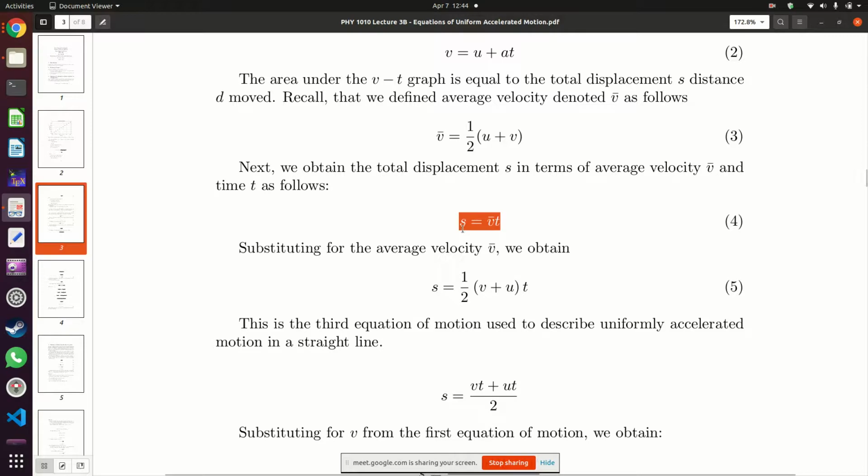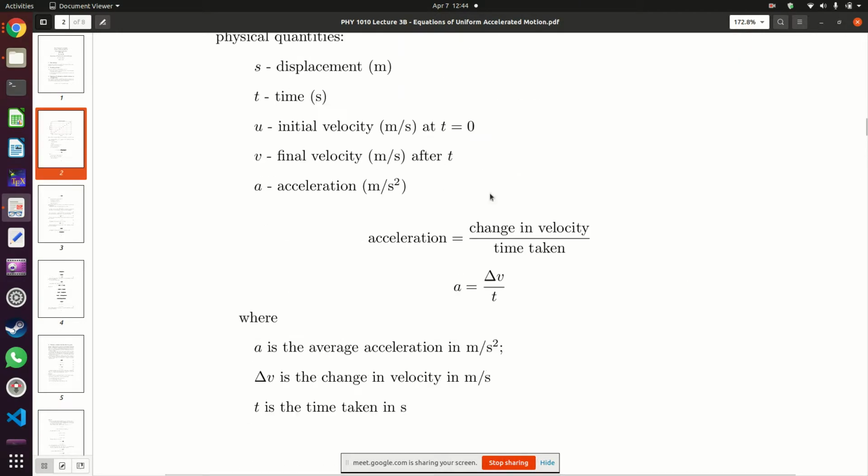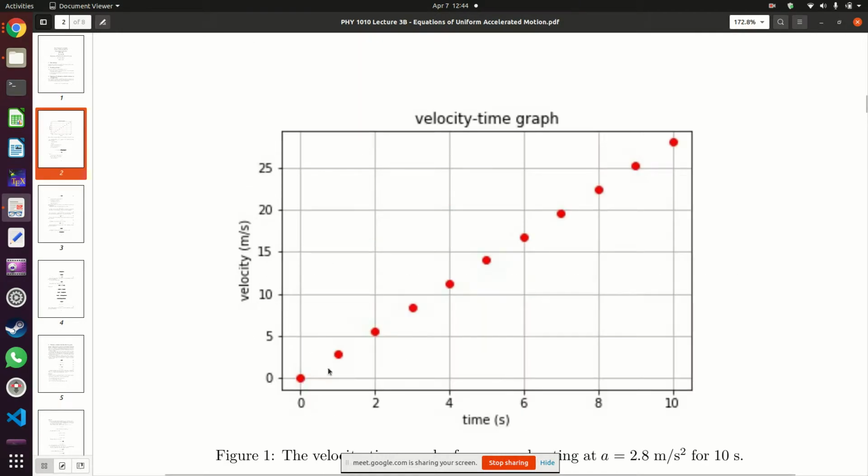This displacement, we took this form because if you look at the way it is, from what we worked out yesterday, where the initial velocity, when you look at this graph, yesterday we came to the conclusion that the area under this graph is equal to the displacement, and we worked out an area of 140 meters.